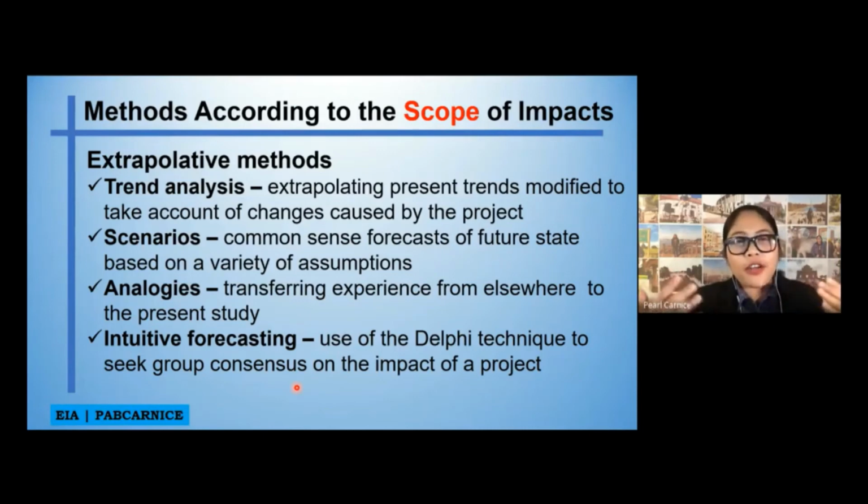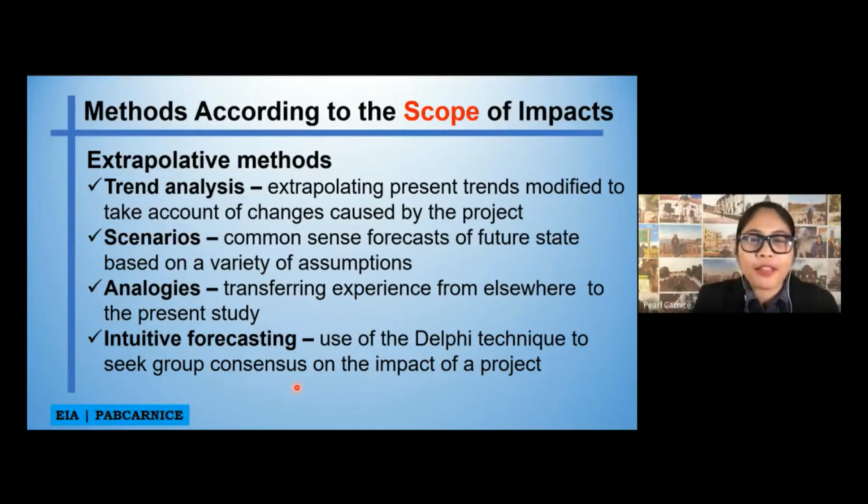And then on the next round, and then up to, I would say, several rounds. I do not exactly remember how many rounds, but let us say 3, 4, 5 rounds. And then after each round, of course, you have to tally the results. And then after several rounds, you have to make an average of the results based on the panel of judges' answers.